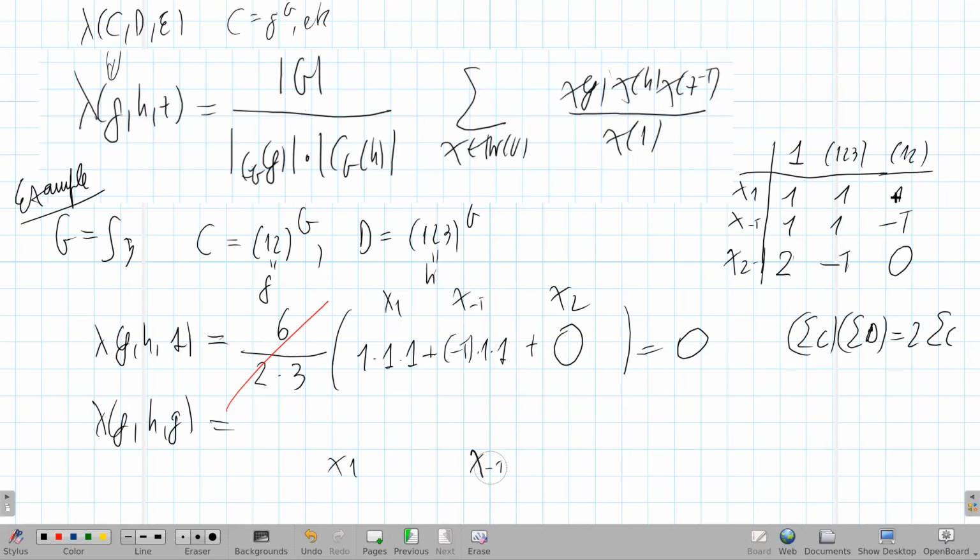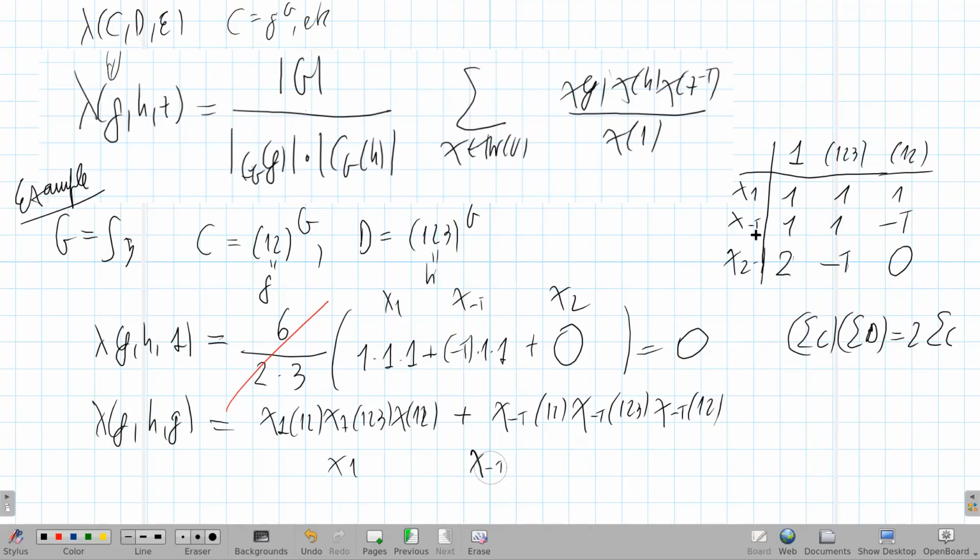So what we get, this is important. Let's write the sum. We have chi1 of 1, 2, then chi1 of 1, 2, 3 times chi1 of 1, 2 again, because G is the same. It will be the inverse, but of course the inverse of this is the same. Plus now chi-1 of 1, 2, chi-1 of 1, 2, 3, chi-1 of 1, 2. This is what we get here.